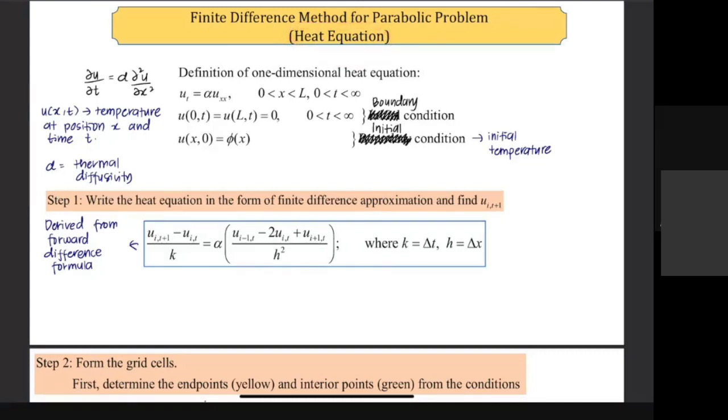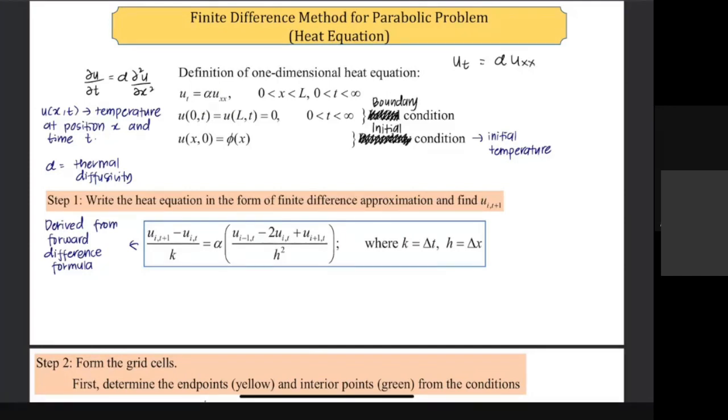Okay, this is the definition of the one-dimensional heat equation, persamaan haba in one dimension, and it is given by this equation. Ut equals alpha uxx.